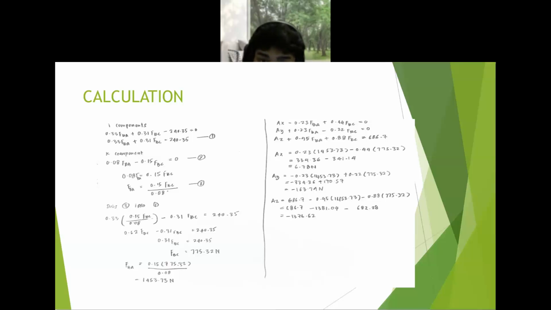We substitute the forces that we found into the i component and k component, and we get these three answers: for AX we get 6.78 Newton, for AY we get negative 163.7 Newton, and AZ negative 1376.62 Newton. The answer is negative because our plane is moved upward, but the force of the cooling tower moves downward. So the answer is negative. Okay, that's all for the calculation.